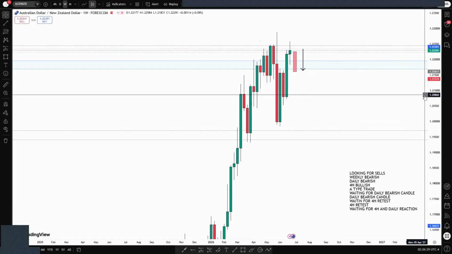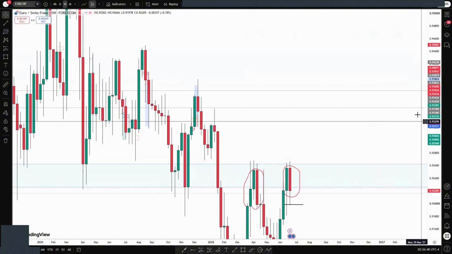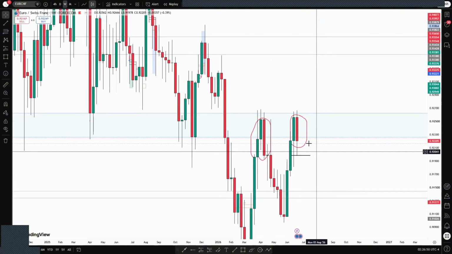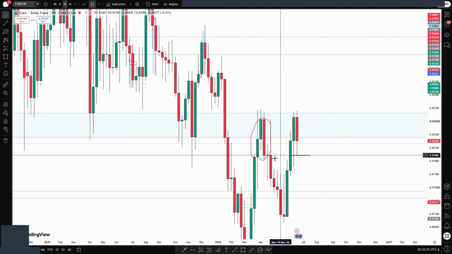Then the last one is Euro CHF. Finally, price rejected at this level and engulfed the weekly time frame.